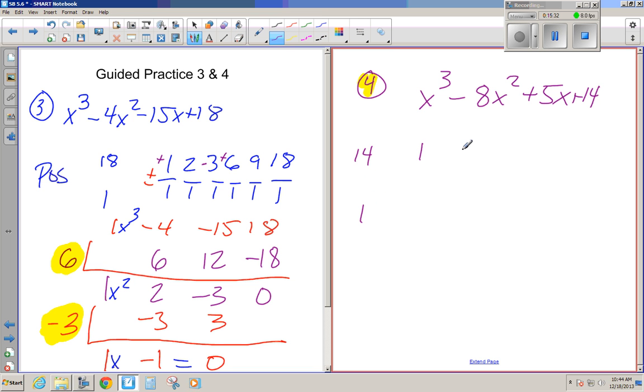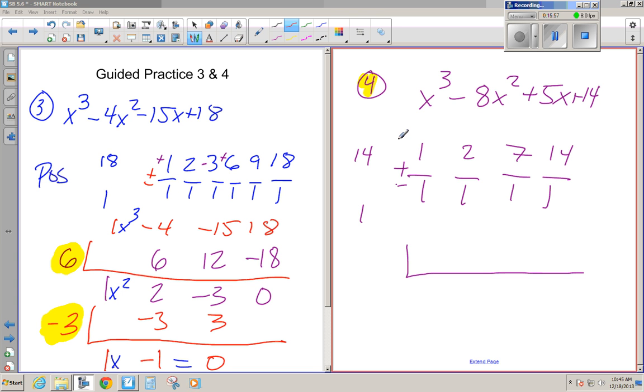So that's 1, 2, 7, 14. Divided by 1, and it's a plus or minus as always. So you set up synthetic division. You look at the graph to get a good guess. So why don't you pause the video and try to get the good guesses on your own.